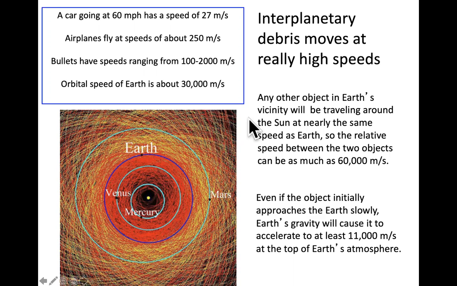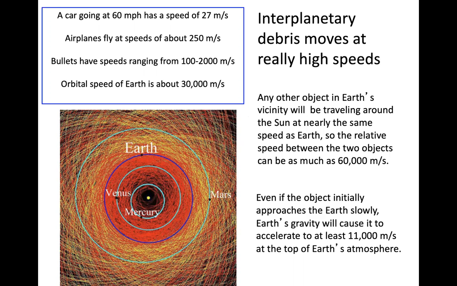That is faster than anything we have experience with. Even bullets only go at speeds up to about 2 kilometers a second. This means that if an asteroid hits us, it's coming at a very high speed. It carries a lot of kinetic energy.